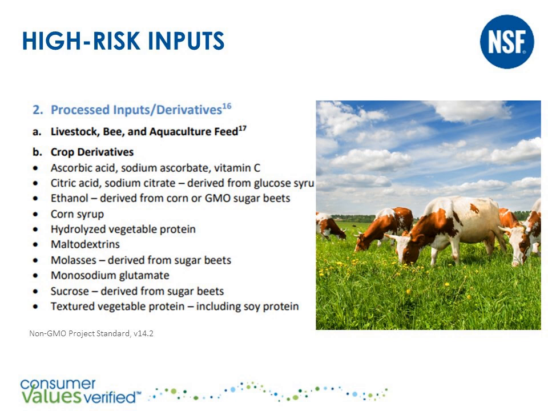Other examples or categories of high-risk ingredients include animal derivatives, bee products, and aquaculture feed. So when submitting products for verification, source materials for these common high-risk ingredients is required.